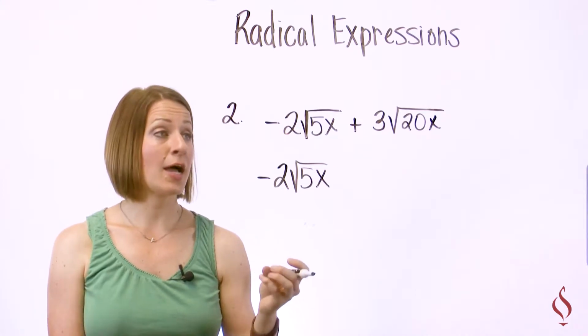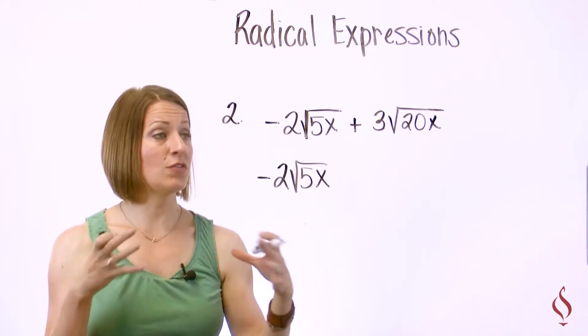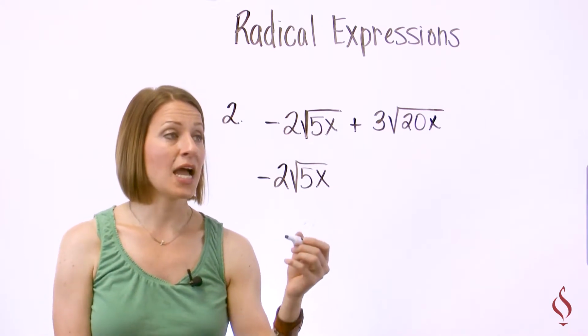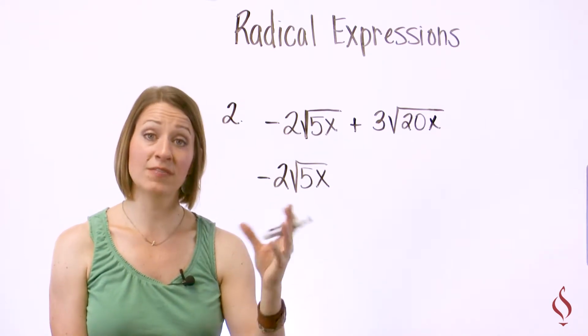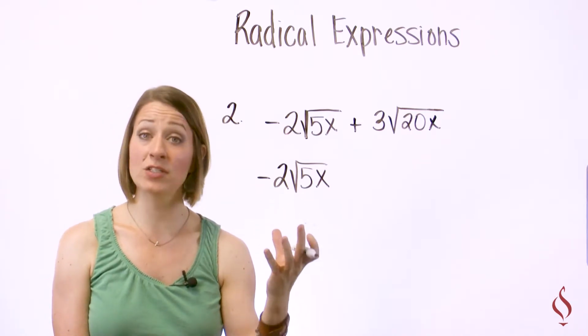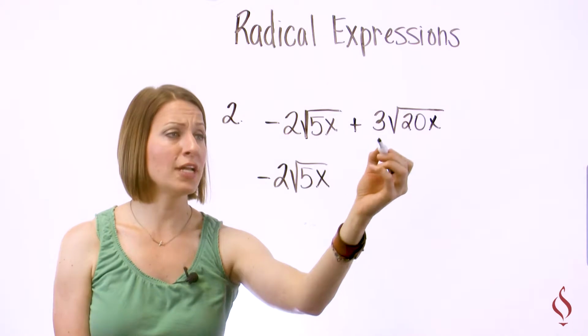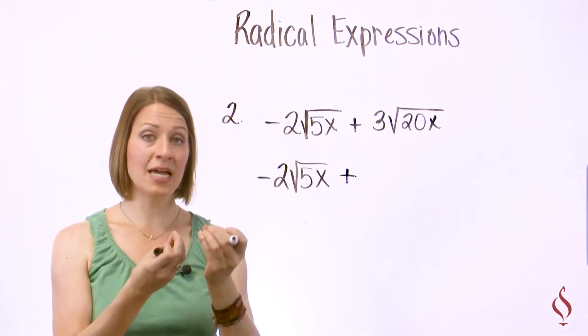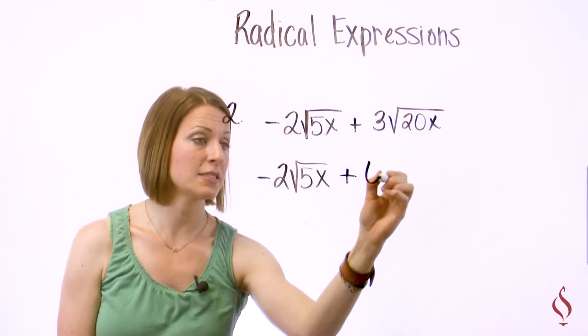Now, if you look at 20x, there is a perfect square within 20x because it has a 4. So if you simplify the radical of 20x, it's 4 times 5, and that 4 is a perfect square, which would give you pairs of 2's. And you already have a 3 on the outside, and so 3 times 2 is 6.